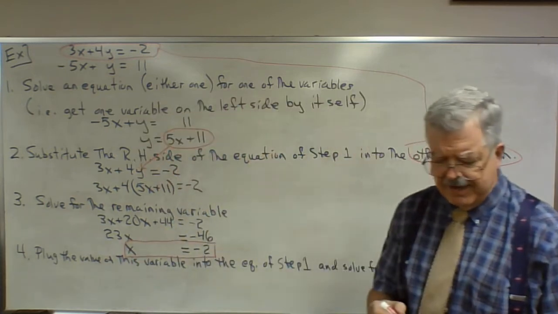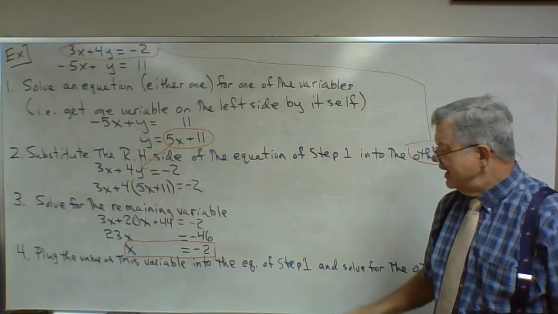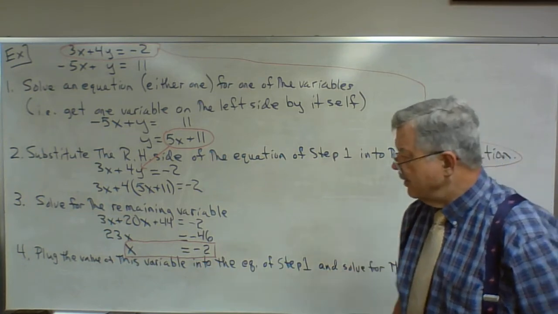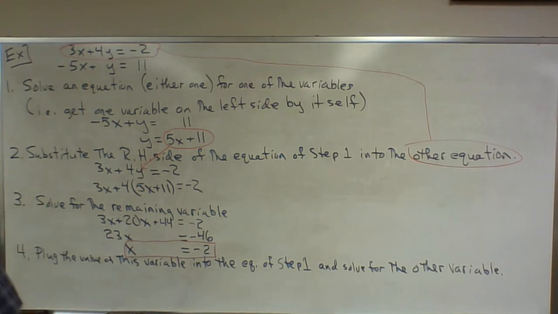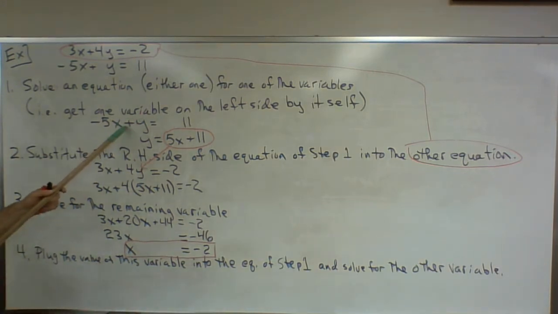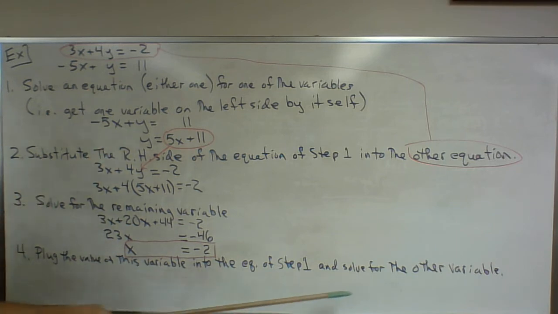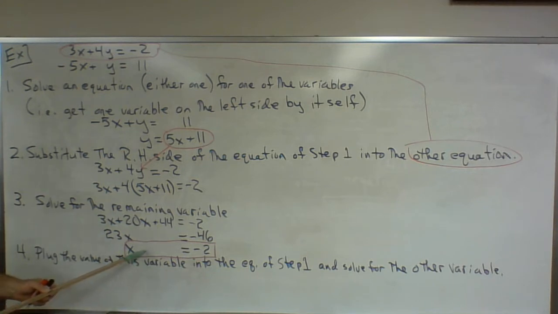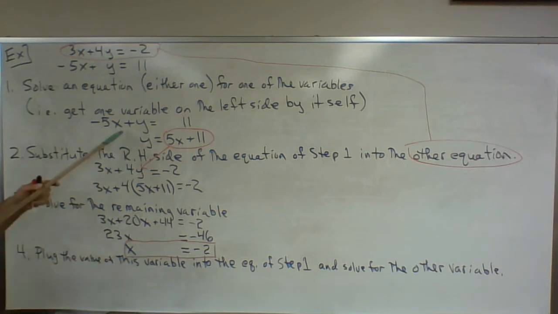Now I just have to find out what the y value should be, and that takes us to step 4. Plug the value of this variable, x equal negative 2, into the equation of step 1. That's this guy. And solve for the other variable. So take x equal negative 2, and plug it into this equation.